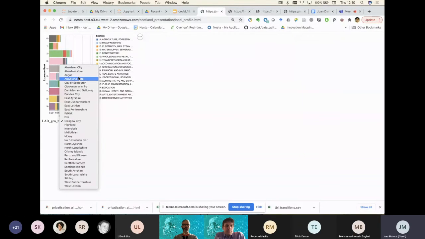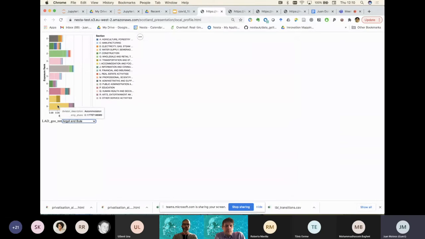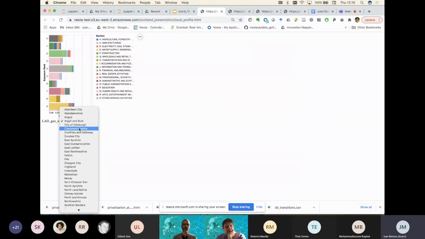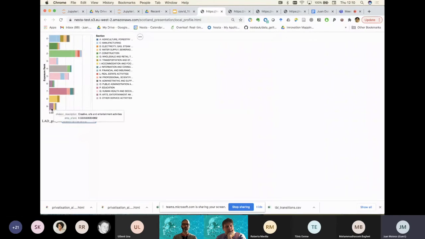And Argyll and Bute, which is that region that appears as having high exposure, actually we can see that the reason for this is that they have a lot of people working in accommodation, a lot of people working in creative, libraries, the sectors that have really suffered from COVID. Whereas if you look at, I think one that didn't suffer was this one called Clackmannanshire. It's not as exposed because they don't have as many people working in creative or accommodation.